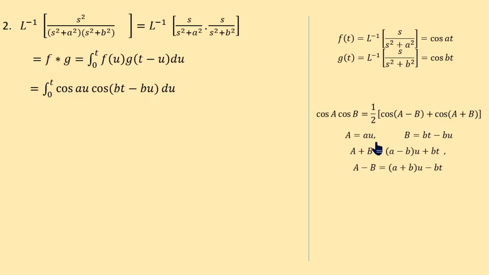Capital A is au, capital B is bt minus bu. A plus B becomes au minus bu plus bt, that is (a minus b)u plus bt. A minus B is au minus bt plus bu, au plus bu becomes (a plus b)u minus bt.